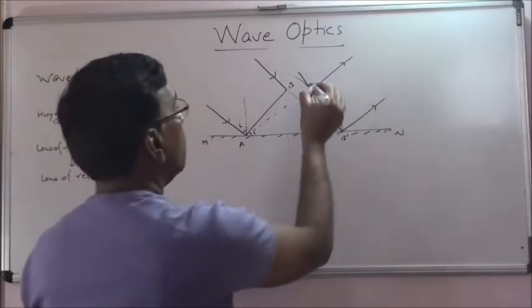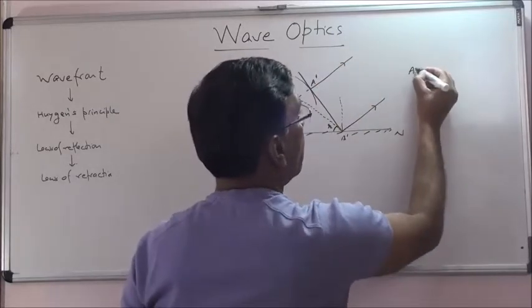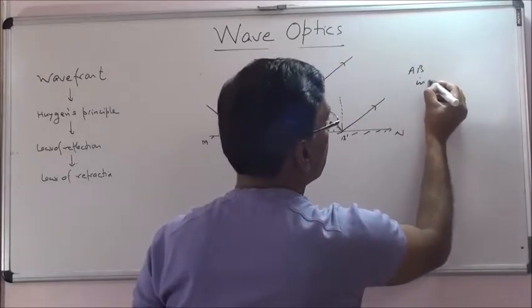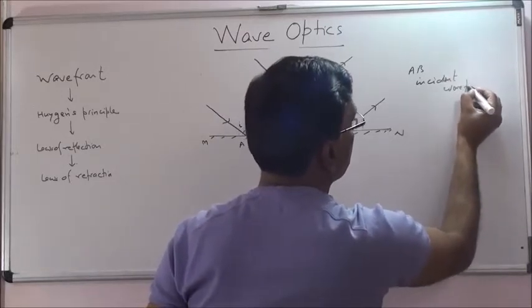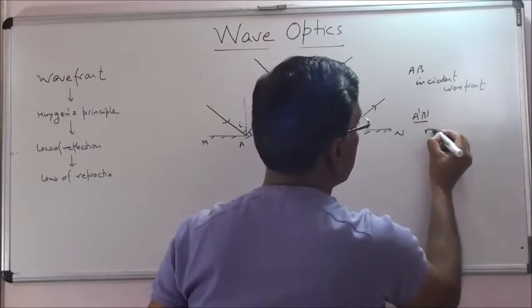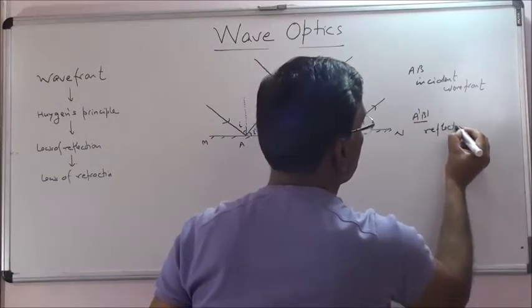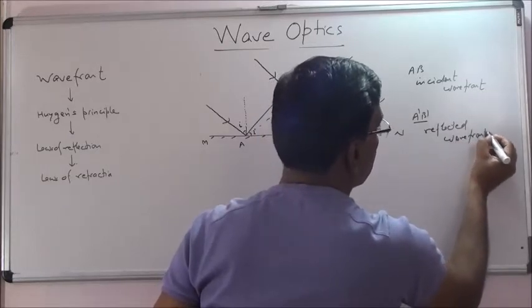Okay, so let me name it A dash. So AB is the incident wavefront. A dash, B dash is the reflected wavefront.